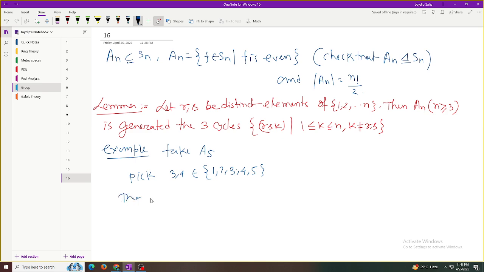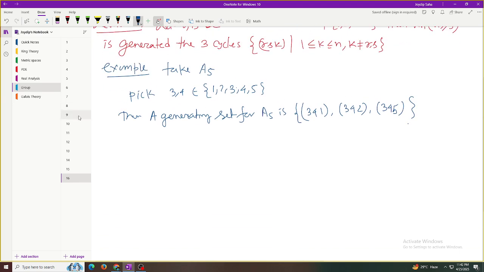Then a generating set for A5 is (3 4 1), (3 4 2), (3 4 5). Okay, this is the example. Now the proof of this lemma.